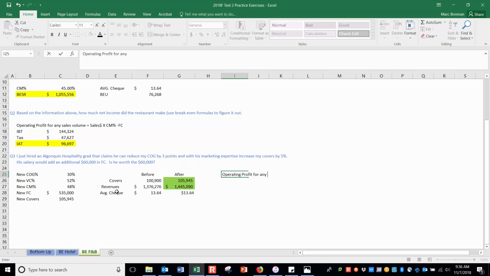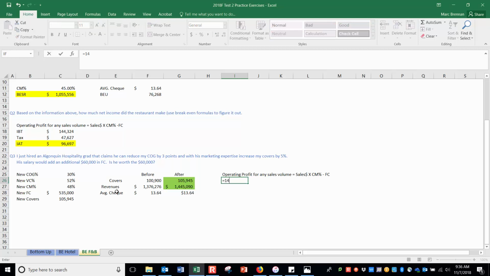So if we use our break-even calculations, break-even operating profit for any sales volume, if you remember, is our sales in dollars times our contribution margin percentage minus our fixed costs.